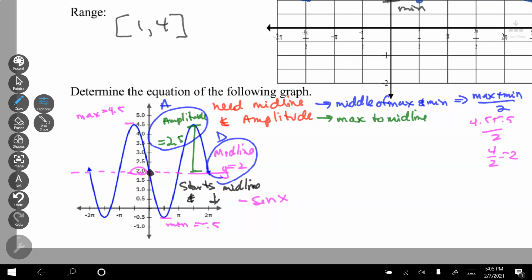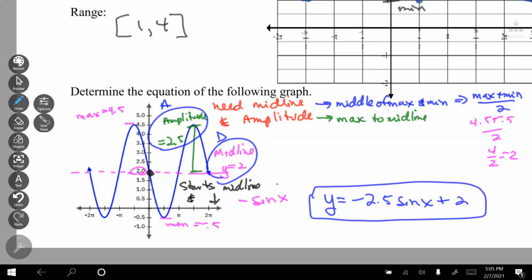So it's a negative sine graph. So the whole equation of this is going to be y equals negative, well, amplitude of 2.5. Let me leave some space. y equals negative 2.5 sine of x plus the midline of 2. And that is the equation of that blue graph.